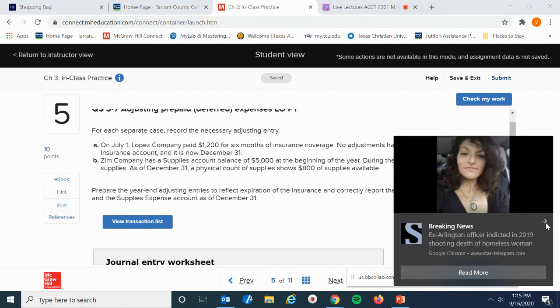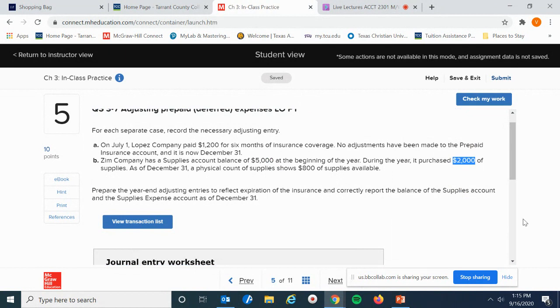So my first question is, how can we figure out how much supplies were used? Well, the answer is pretty simple. The company had $5,000 at the beginning, plus $2,000, they had $7,000 available.